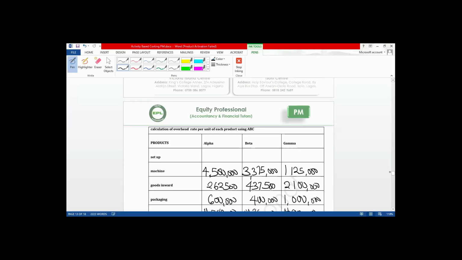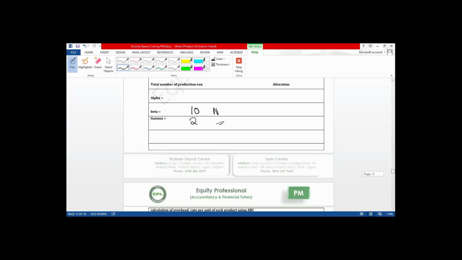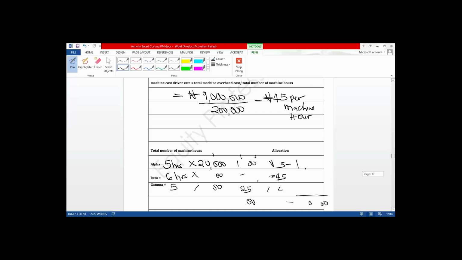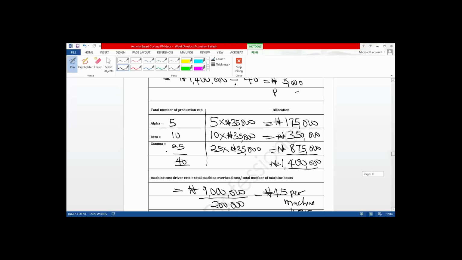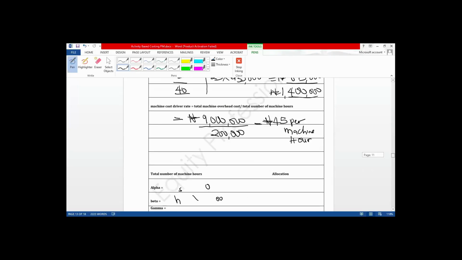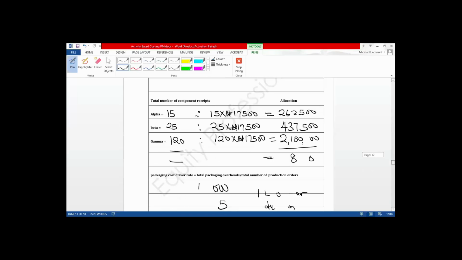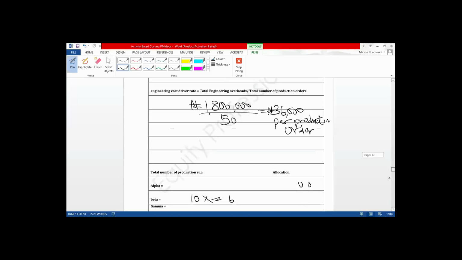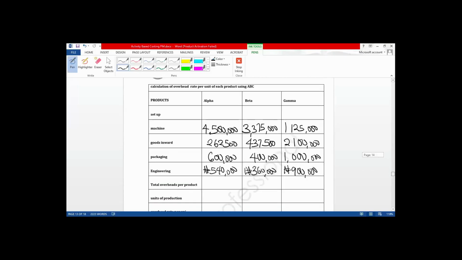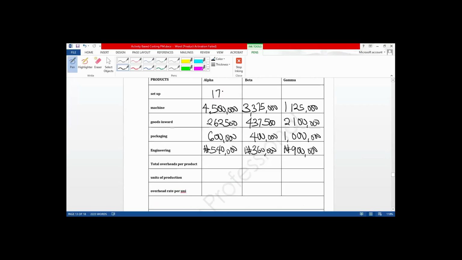Then the last one, setup: Alpha 175,000, Beta 350,000, Gamma 875,000.